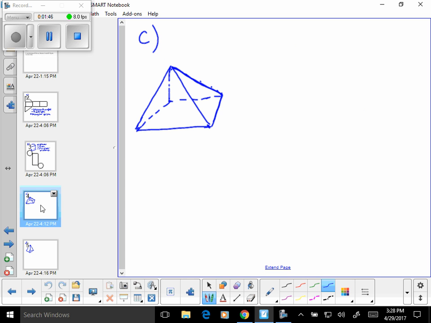The other part of the lesson is going to be you having to draw the net for the solid. Hopefully, you can look at this and say, okay, I know that this is a rectangular pyramid.